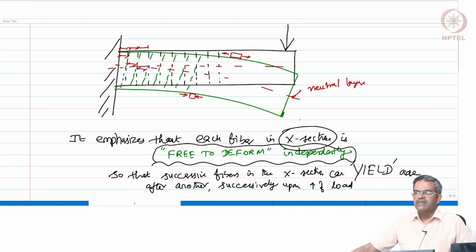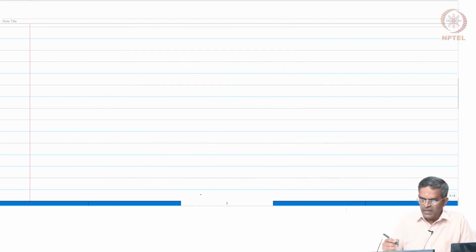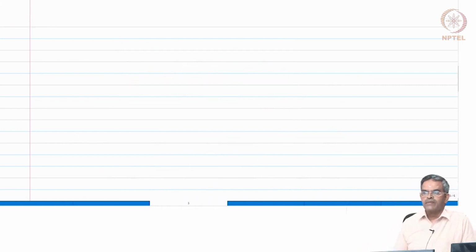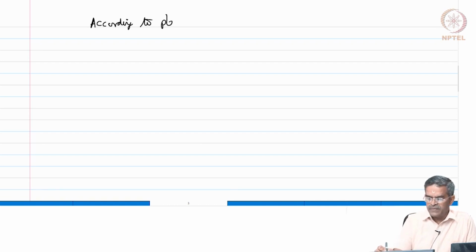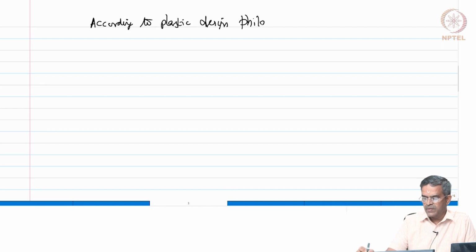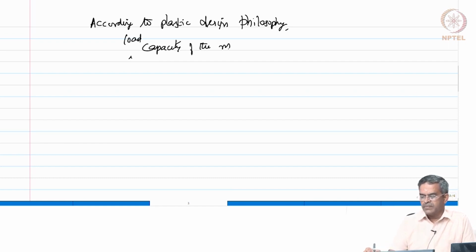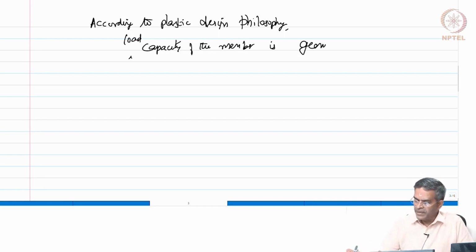Having said this, let us go one step ahead and discuss more in detail about this. So, friends, according to the plastic design philosophy, let us say very clearly, the load capacity of the member is geometry dependent.